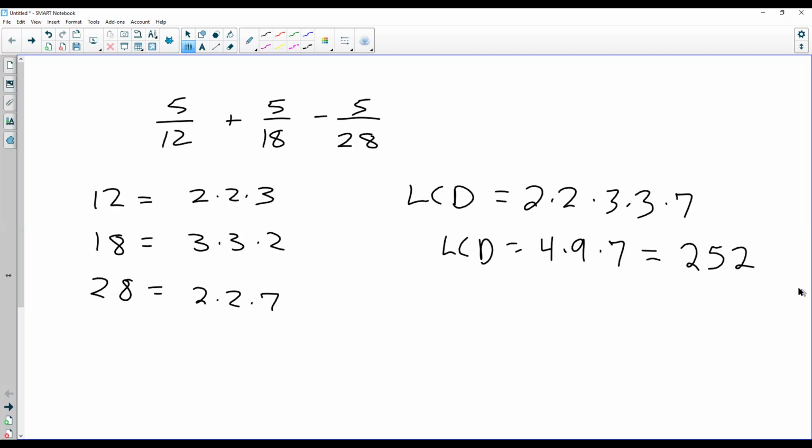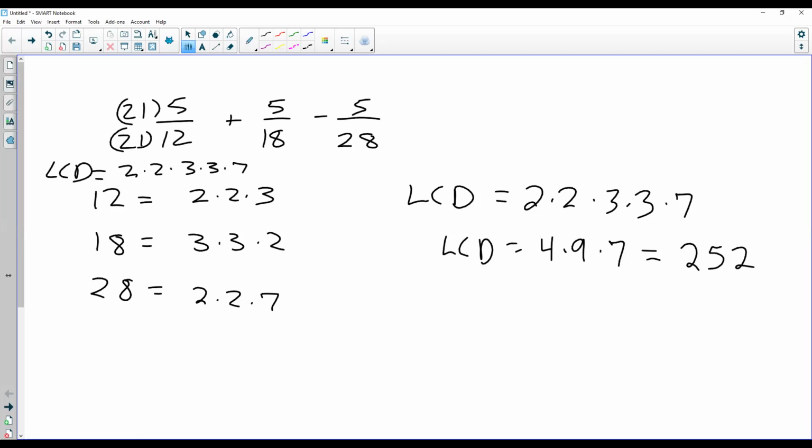12 is missing what? Let's look at our least common denominator. We've got 2 times 2 times 3 times 3 times 7. 12 has 2 2s and a 3. It's missing a 3 times 7, right? So that says we need to multiply top and bottom by 21.